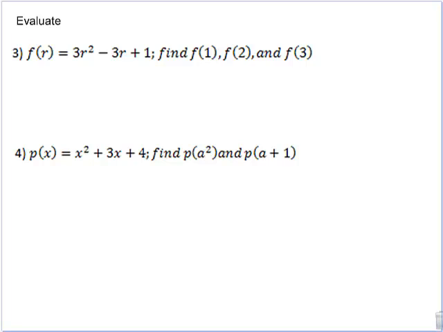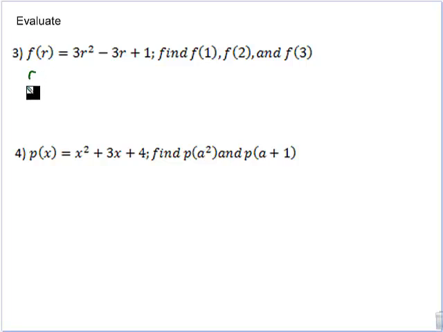So here I have f of r, so it's a function of r, is equal to 3r squared minus 3r plus 1. We want to find f of 1, f of 2, and f of 3. Who recalls how we can find those values? Yep, plug the 1 in for the r.